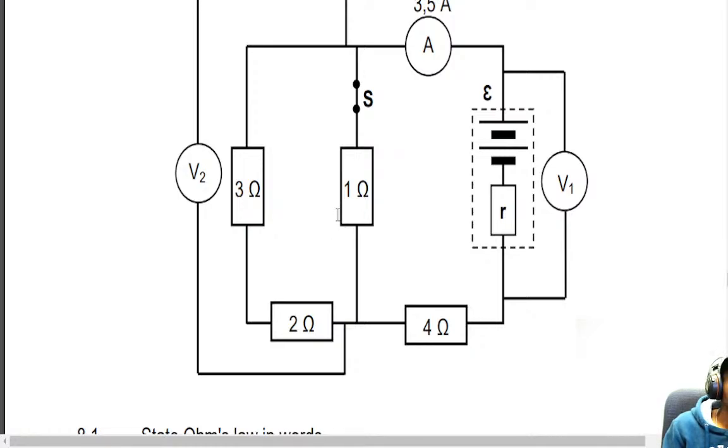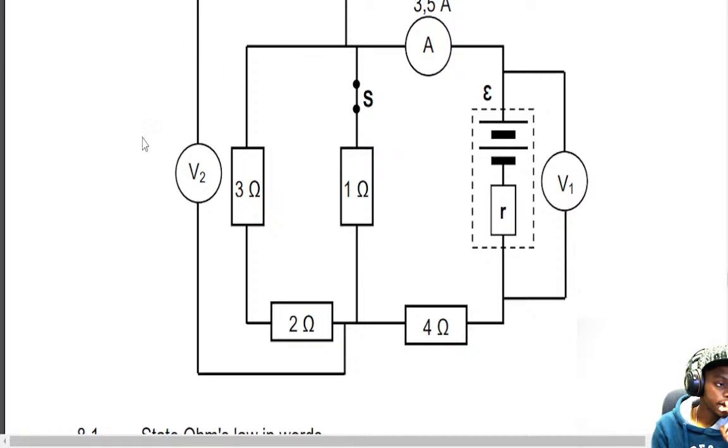So where do you look for whether the resistors are in series or in parallel? You look at where the current splits. Let's say here the current was moving this direction. When it arrives here, if switch S is closed, the current will split. One part will go this way, the other will go that way.